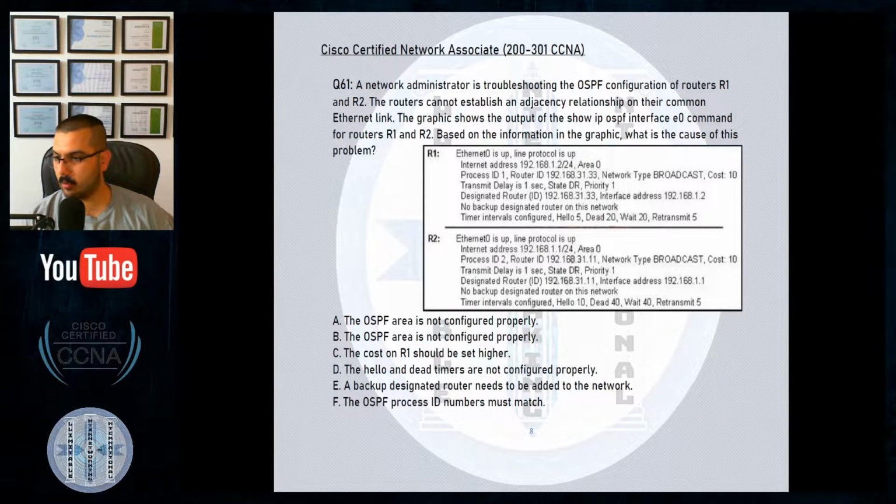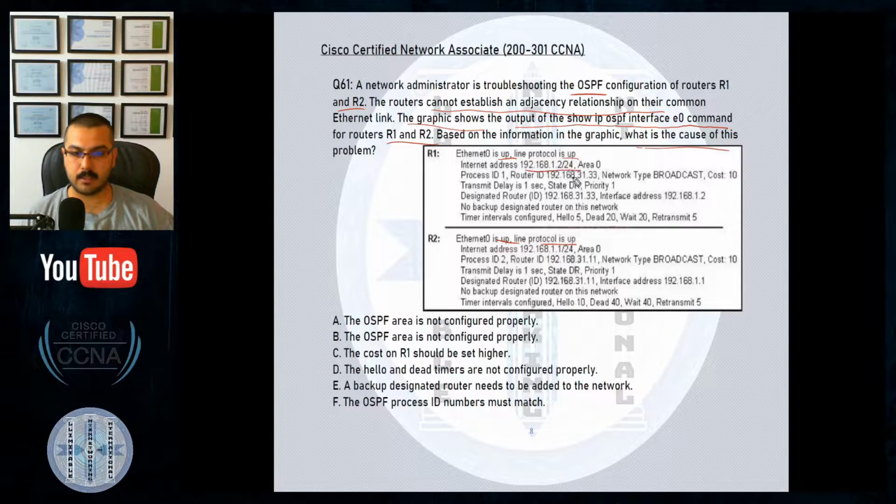Okay, question 61. A network admin is troubleshooting OSPF config on R1 and R2. They cannot establish adjacency, unfortunately. The graphic shows the output of the command show ip ospf interface Ethernet 0 for both of them. What is the cause? Okay, so the interface is up, no problem.